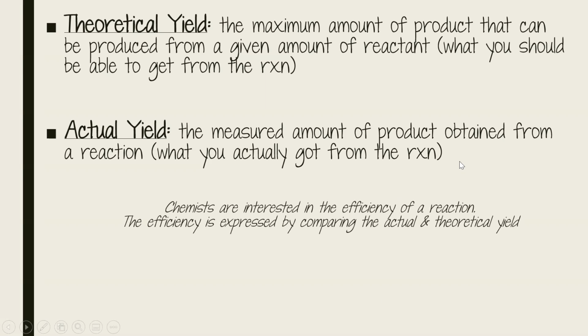So as I said before, this is a real life application. Chemists are interested in how efficient a reaction is. So if you want to get your maximum amount of product, you need to know how much reactant to use. But you also don't want to waste reactant. So for example, say you need 10 grams of product, okay?